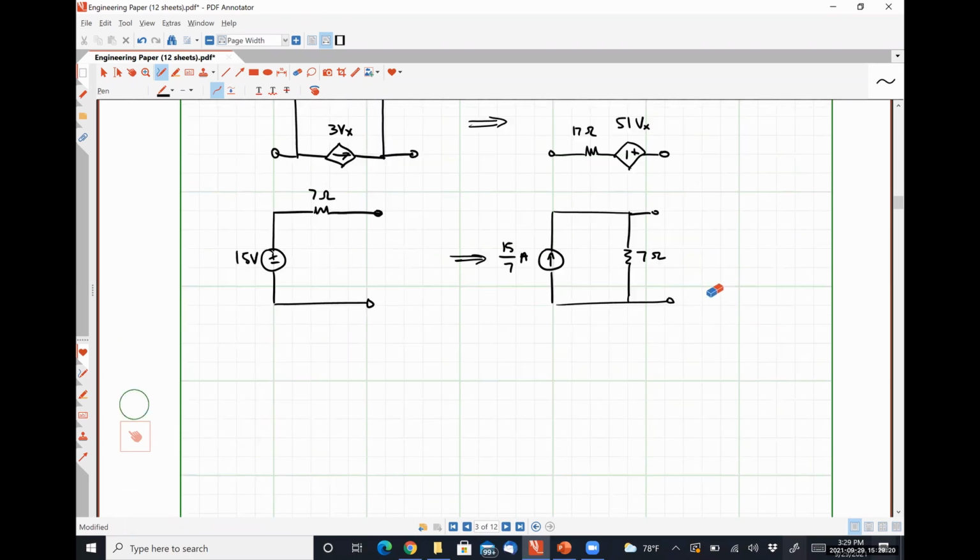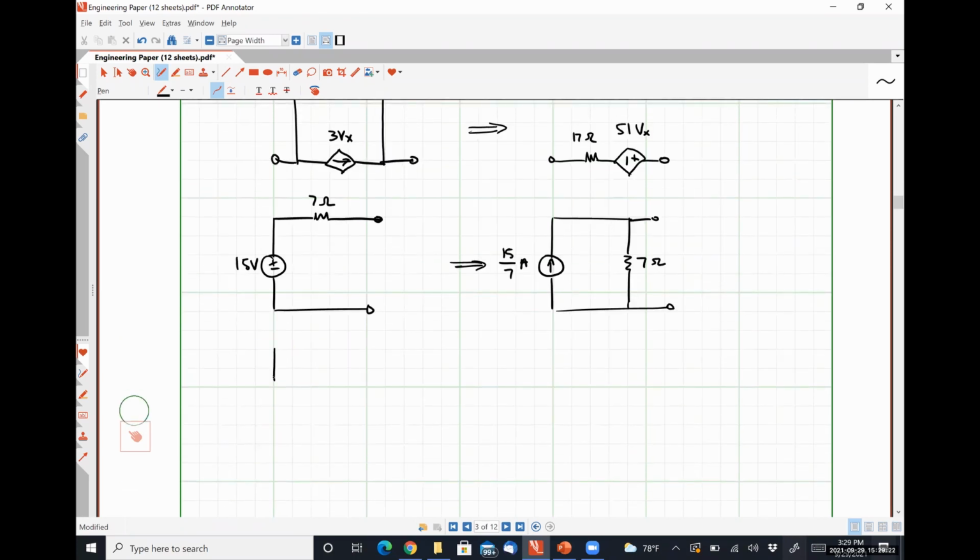What I had was 15/7 of an amp in parallel with 7/2 of an ohm. And I converted it to 15/2 of a volt in series.